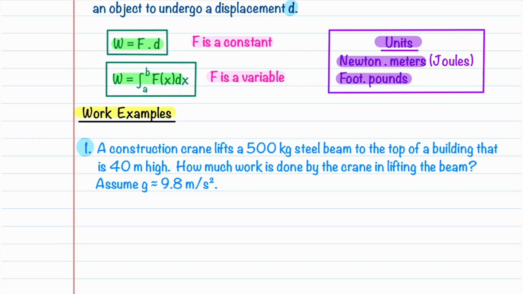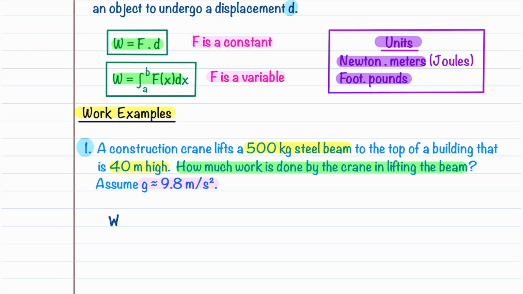In our first example, a construction crane lifts a 500 kilogram steel beam to the top of a building that is 40 meters high. We want to find how much work is done by the crane in lifting the beam. We are to assume that gravity is approximately 9.8 meters per second squared.